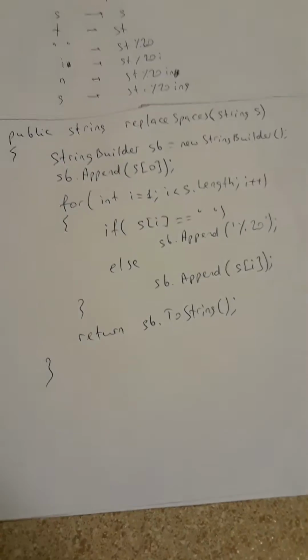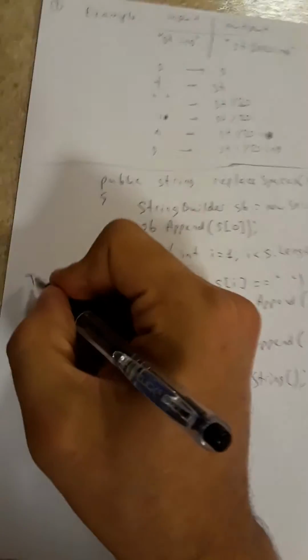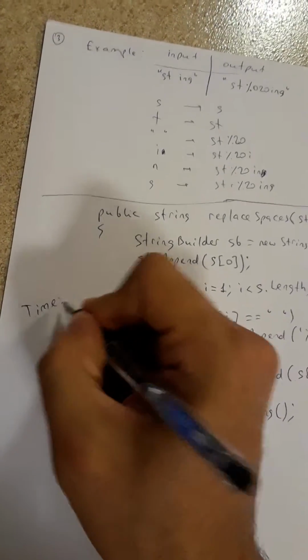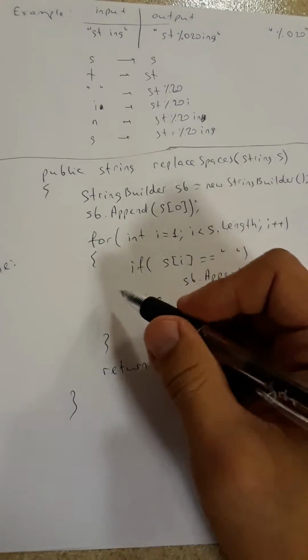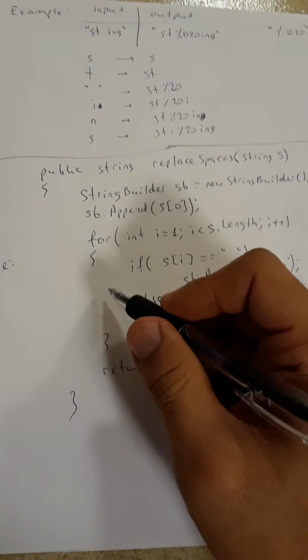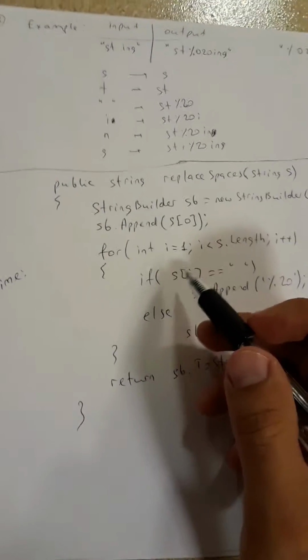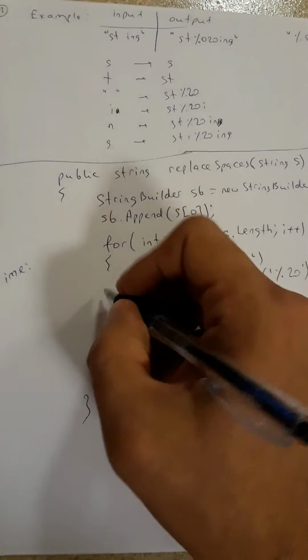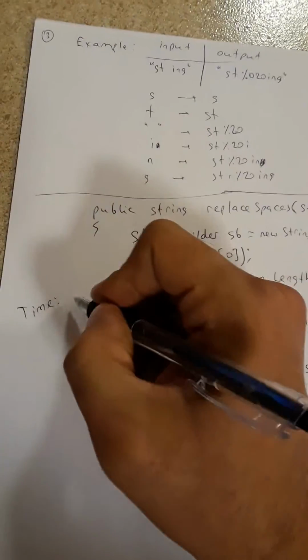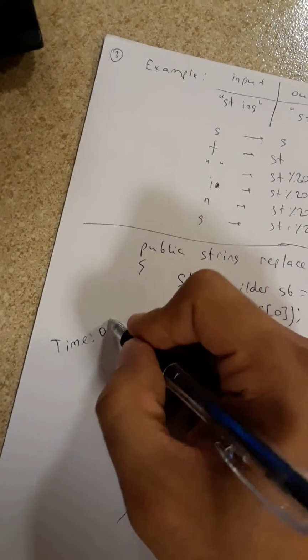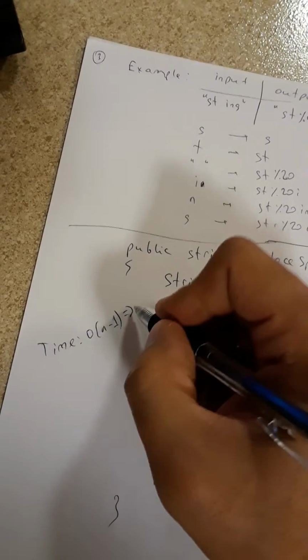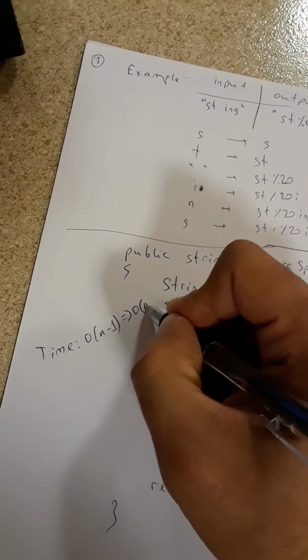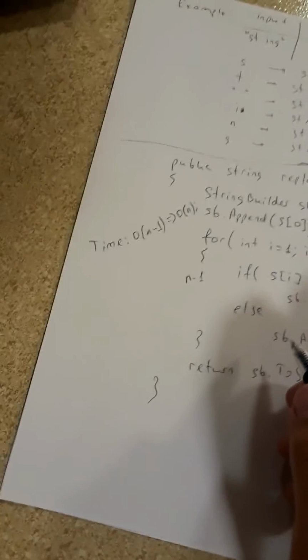So the time complexity for this method will be, since here I'm using just a for loop, and the for loop not for all elements, but n minus 1, so it will be O(n minus 1), and O(n) basically.